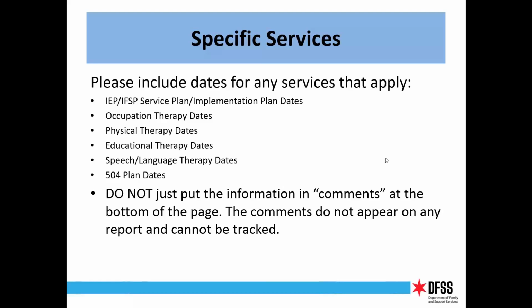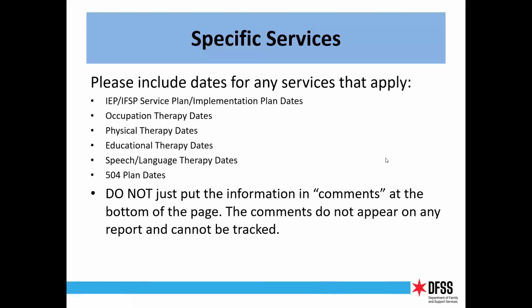So for all children who are enrolled who turned 3 during this program year, they should be counted as having an eligibility determination made during this program year because no one was determined as eligible for an IEP when they were younger than 3.